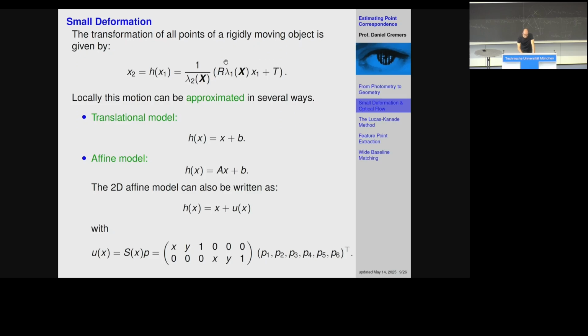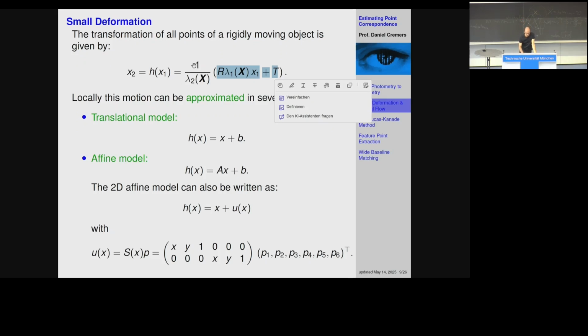So we rotate and translate the point large X. What we have in the brackets, this whole expression, is the point large X in the coordinates of camera 2. And once we divide by lambda 2, we get the projection, namely little x2.